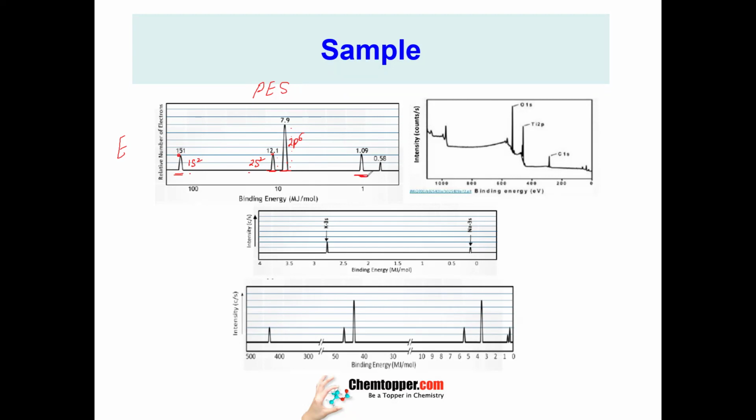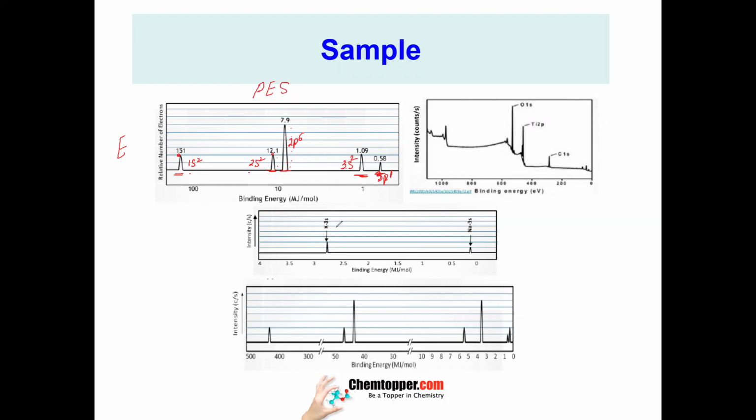What comes after 2p? It's the normal electron configuration, 3s2. What comes after 3s? 3p1. Can you identify the element?